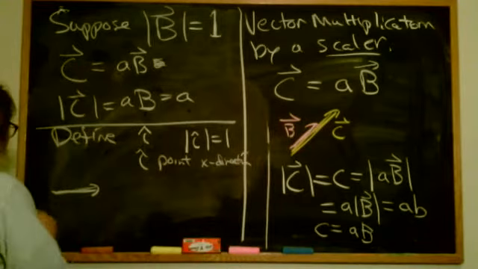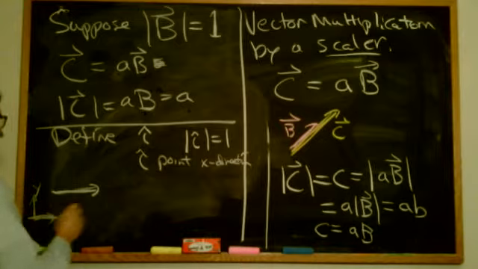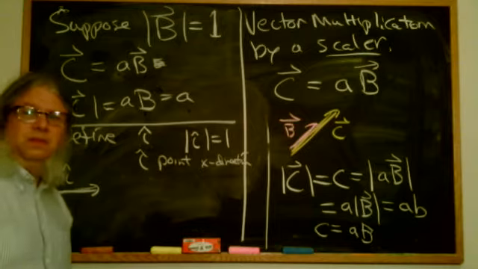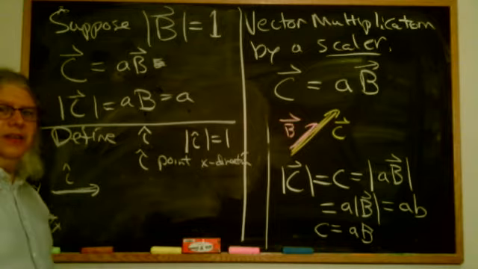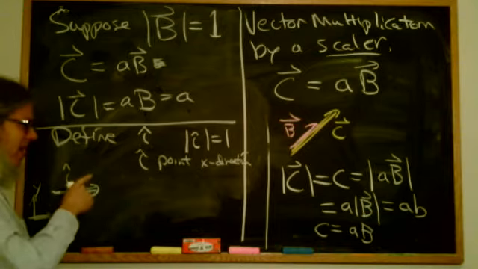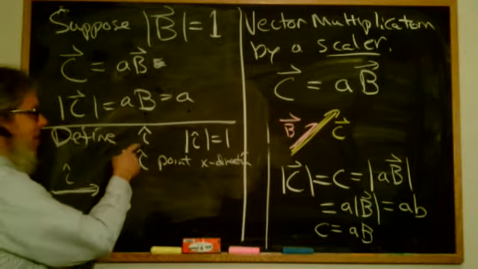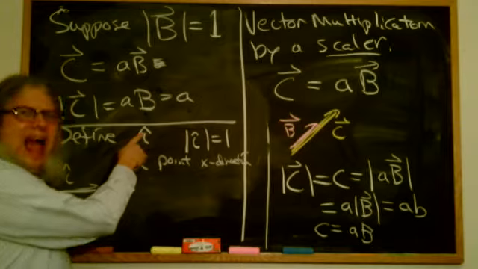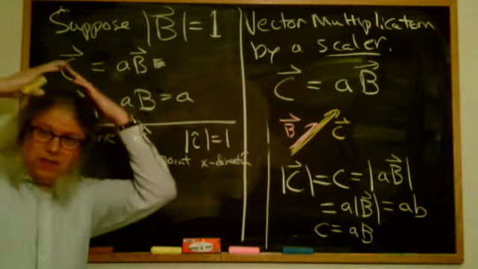Whatever way x is in my coordinate system, if that's x and that's y, then i hat points the same direction as x, and it has a unit magnitude. This is very important: i hat is a vector, even though I put a caret on top of it. I call that a hat, like a little hat.